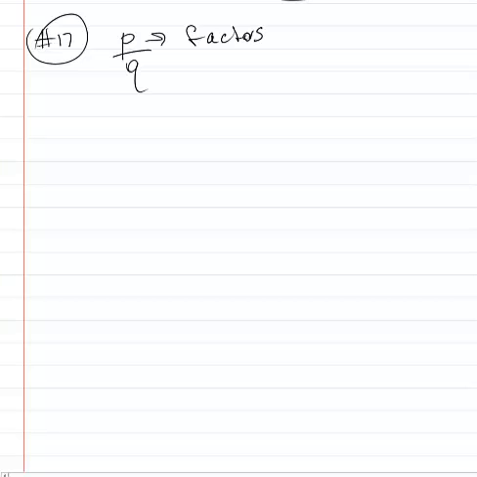Okay, number 17, that doesn't require you to do lots of algebra. It's just asking you to list all possible rational zeros for the given function. That is just the ratio of p to q. p are the factors of the last term, the constant term, and q is the factor of the leading coefficient, the one in front.